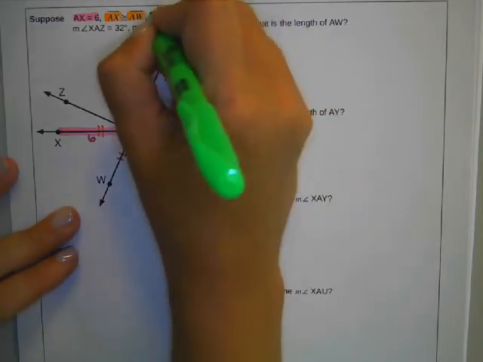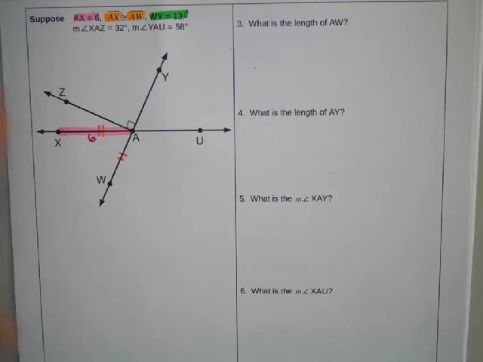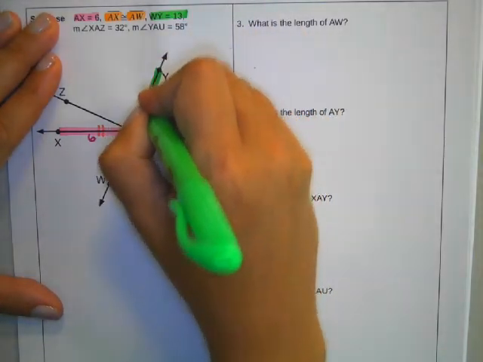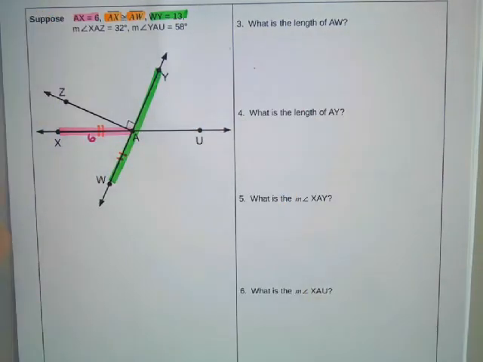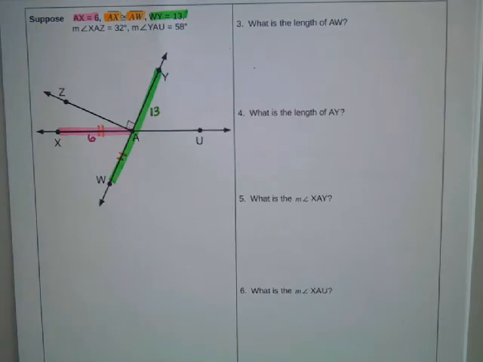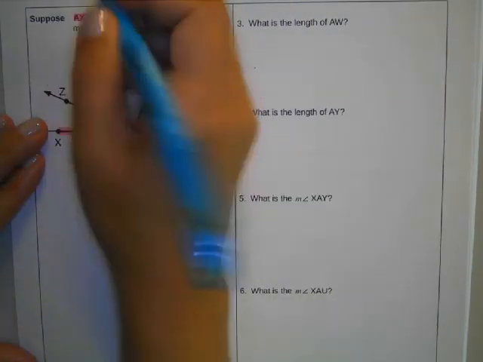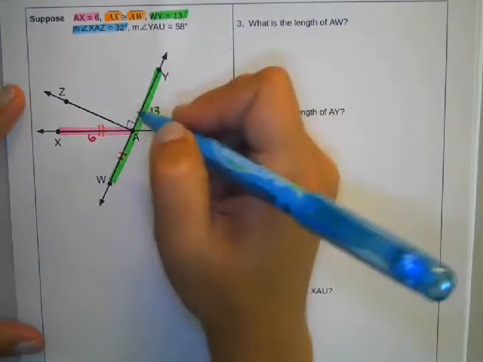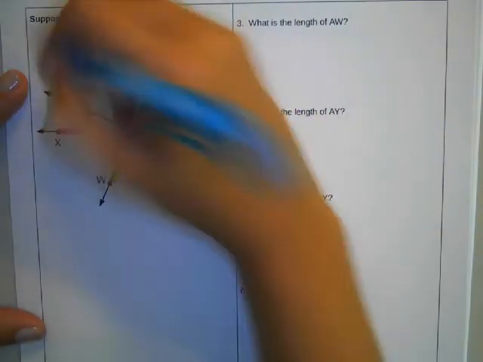I also know that WY is 13. Now WY goes all the way from here to here. So WY is 13. And I know that the measure of angle AXZ is 32 degrees. Now AXZ is right here.